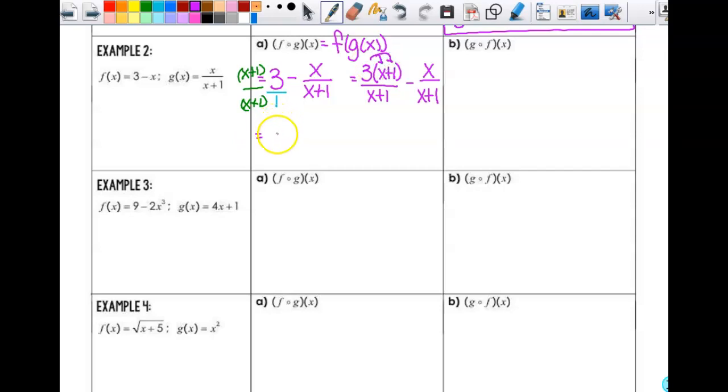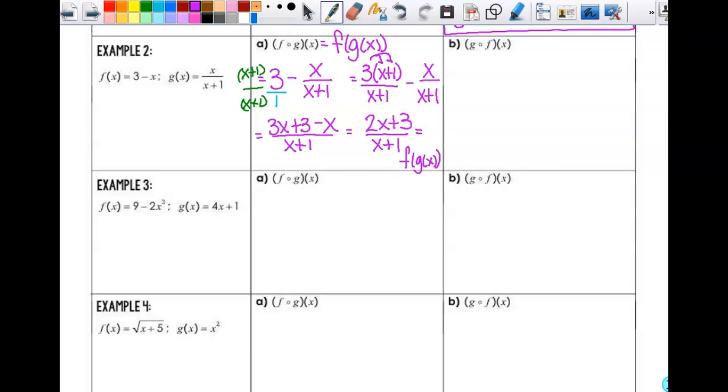So in the denominator, I have x plus 1. Then in the numerator, I have 3x plus 3 minus x. You agree with all that, where it came from? So that means in the numerator I get 2x plus 3 over x plus 1, and that equals f of g of x.